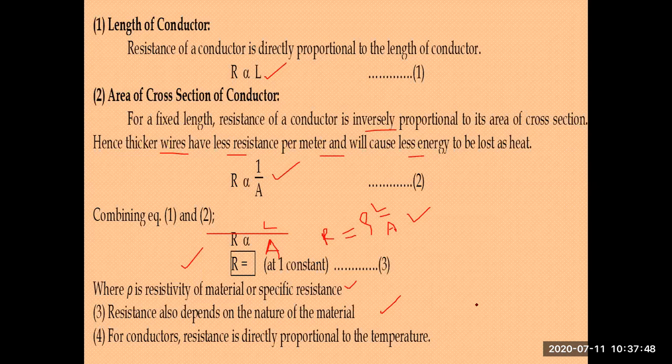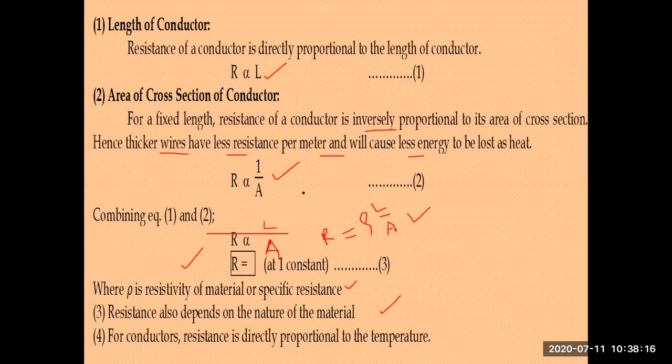More area of cross section means less energy loss, so less will be the resistance. If you look at this point, thicker wire has less resistance per meter and will cause less energy to be lost as heat. So that's why it is inversely proportional.